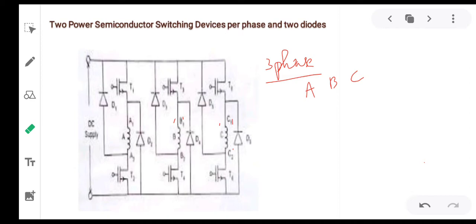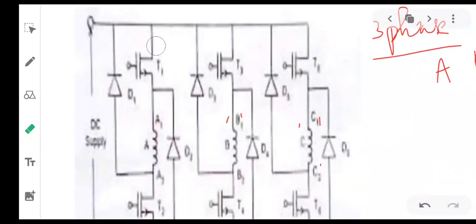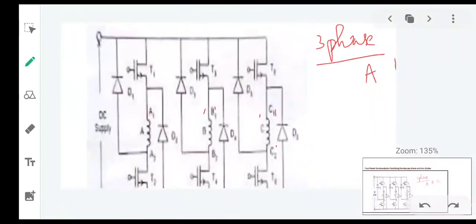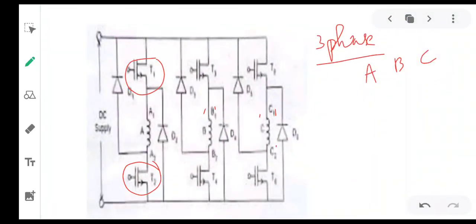So T1 and T2 will be turned on for exciting the phase A, and that depends upon the rotor position, of course. Therefore the current flow will be like this, with polarity plus minus for the inductor or the phase winding, like this.